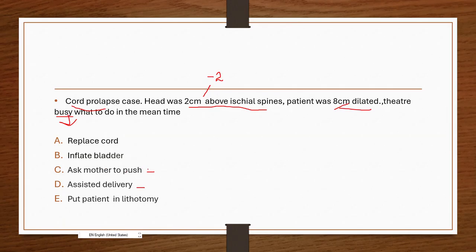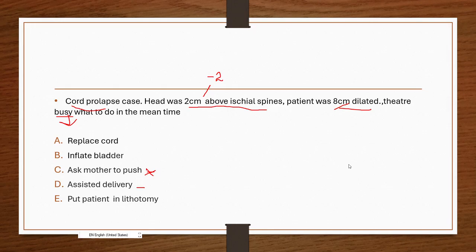You are not going to put another pressure on the cord and compress it again. So this is not encouraged here. This is wrong. And the patient is not in active labor. Here you are not going to ask her to push because you already have a cord prolapse. Then assisted delivery. There were some who thought we should go for assisted delivery.